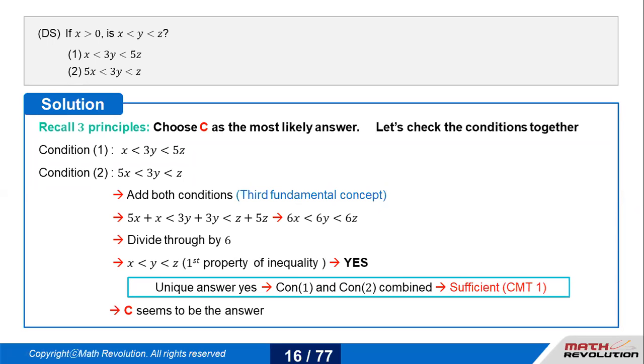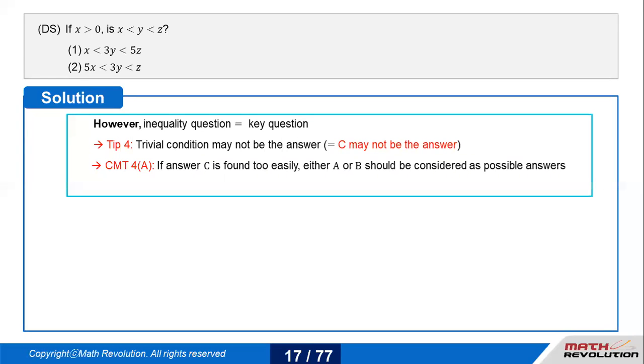But now this is where I have always been talking about, that there are some exceptions which one has to always master in the variable approach. If it happens to be a key question, then if C seems to be an answer, hold on for a while and check for A and B also.